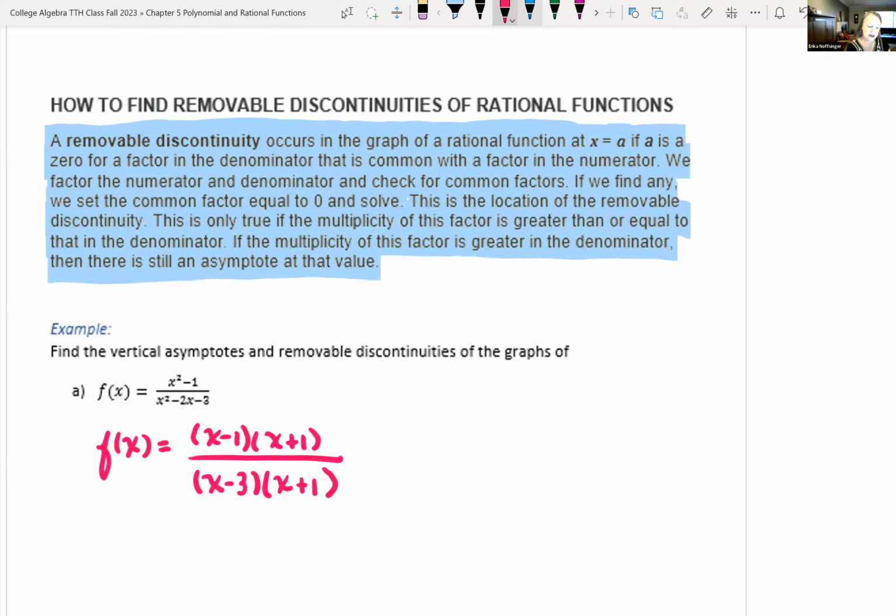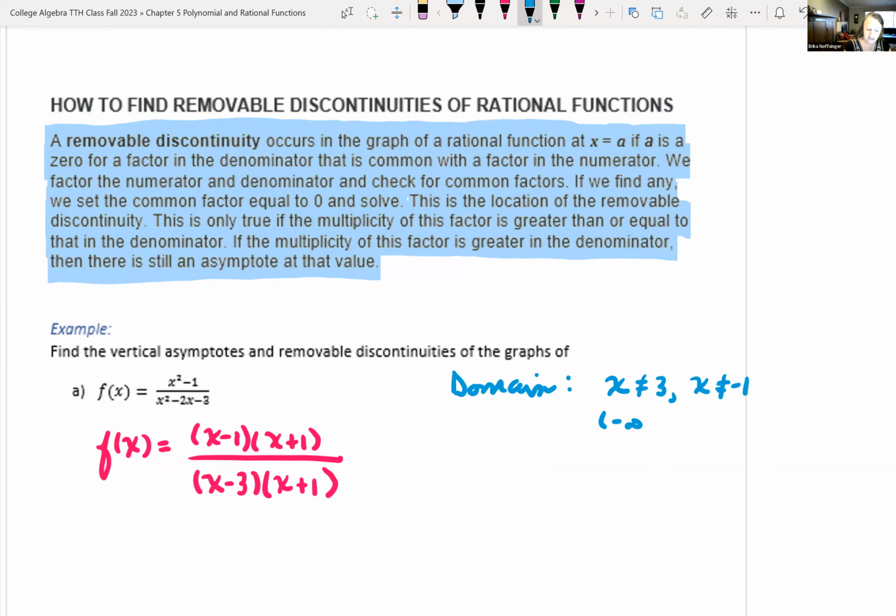We need to be careful here with our domain. You want to look at the domain before you cancel like factors. So for our domain, we would need to exclude the values which set our denominator equal to 0, and that would be when x is 3 and when x is equal to negative 1. Just to reiterate what we've been doing in the past and what was on your exam, you wrote this in interval notation.